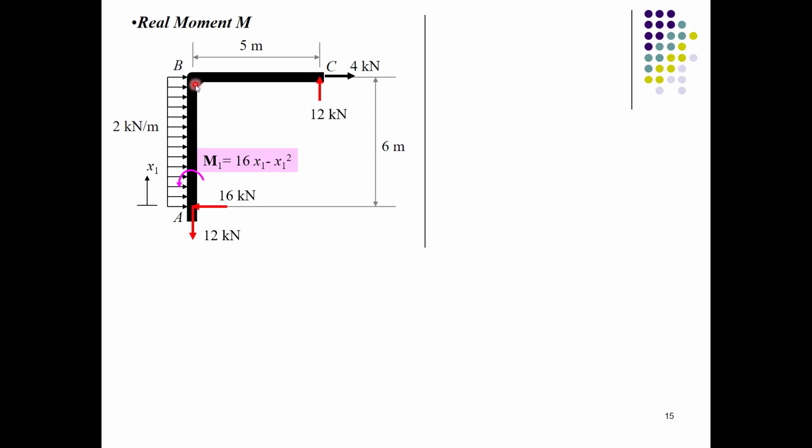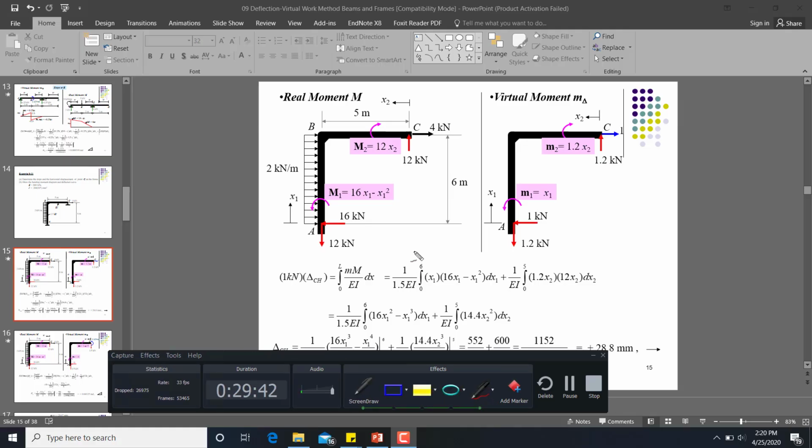Then you will calculate the moment value at this point, which is due to 16 multiplied by x1, minus the moment due to this UDL.